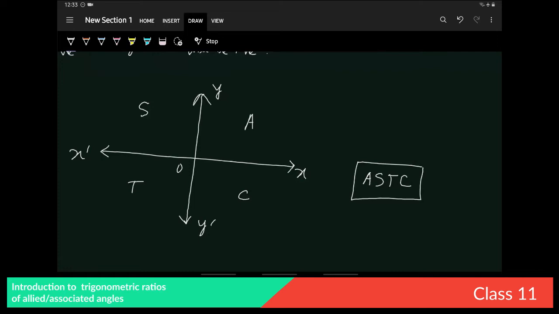If we want to go from first quadrant, then second, then third, then fourth, we will move like this: all sine tan cos. Why?